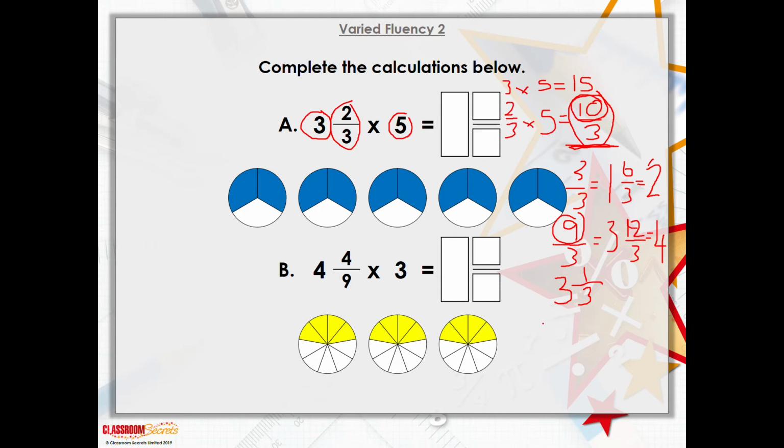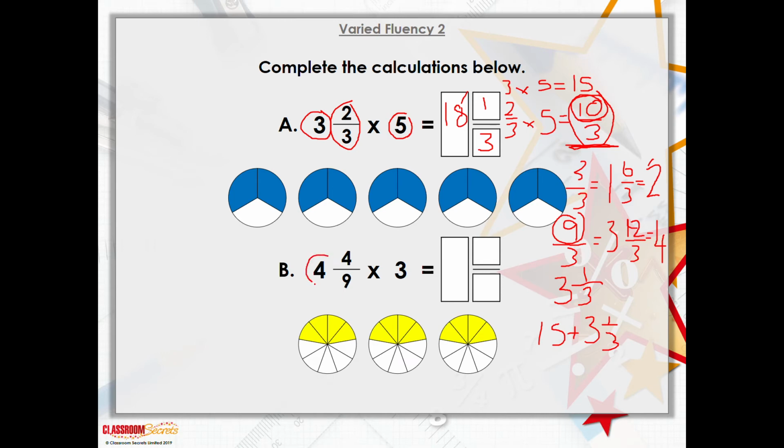Then all I have to do in my final step, like I did in my previous question, is add my whole numbers together and then place my proper fraction at the end. So 15 add 3 is 18, and then 1/3 is my proper fraction. So it's 18 1/3.